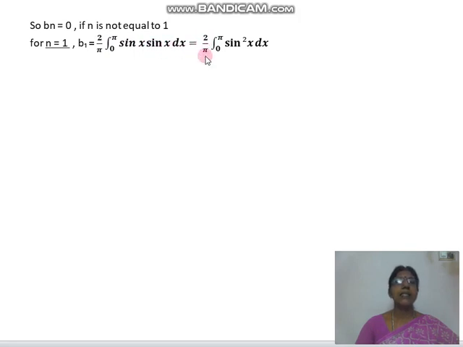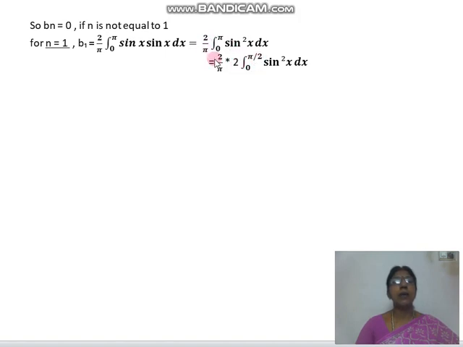It can be written as 2 by pi integral 0 to pi sin square x dx, sin x into sin x. Now we know that this is an even function, so the integral from 0 to pi can be written as 2 into the integral from 0 to pi by 2.